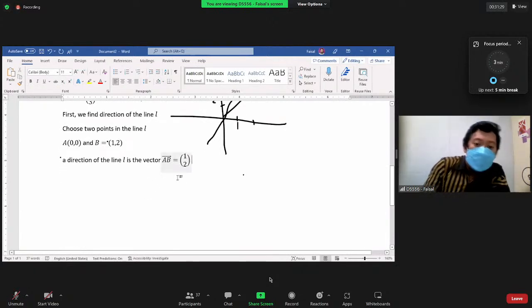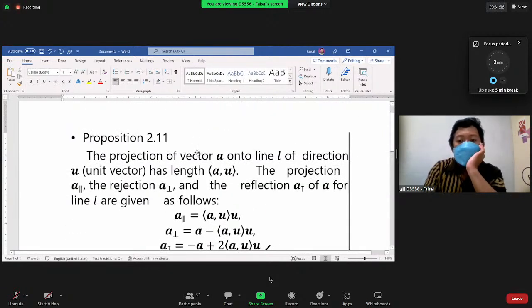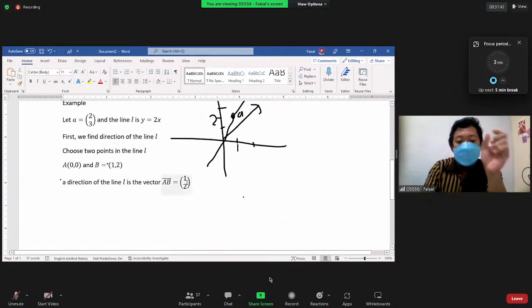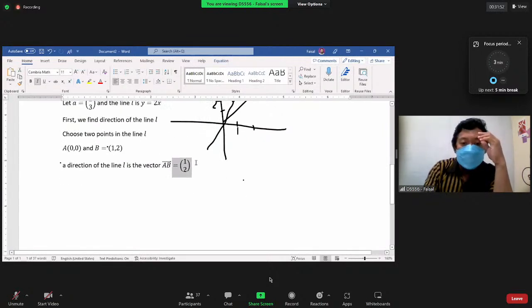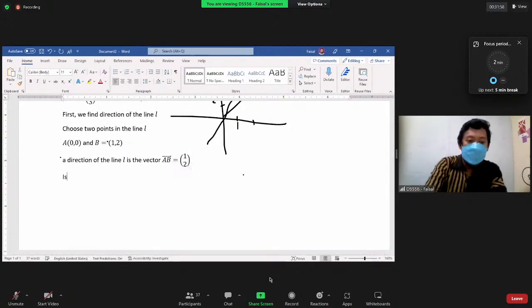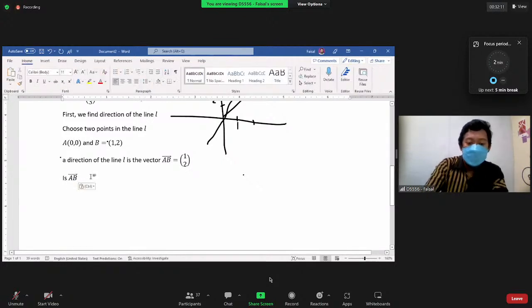Next, we already have a direction, but I would like to ask: is this direction a unit vector? Is the vector AB a unit vector?